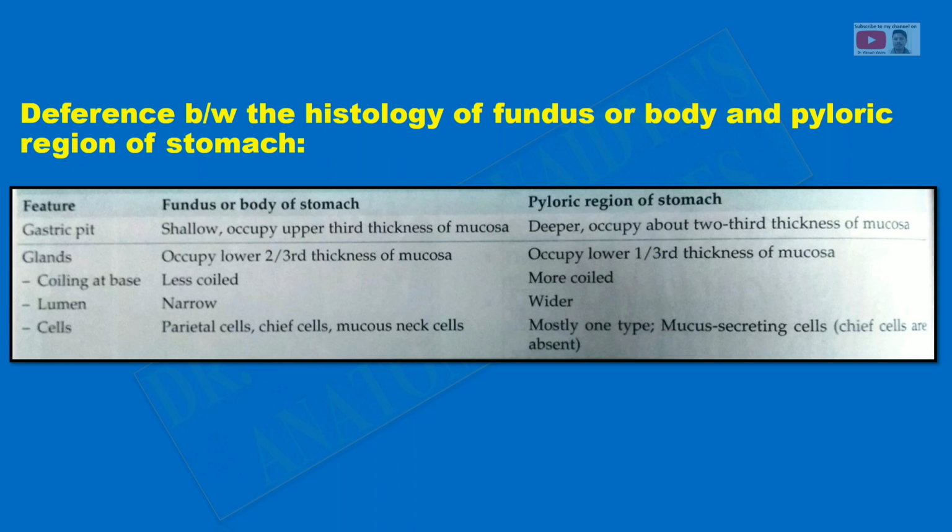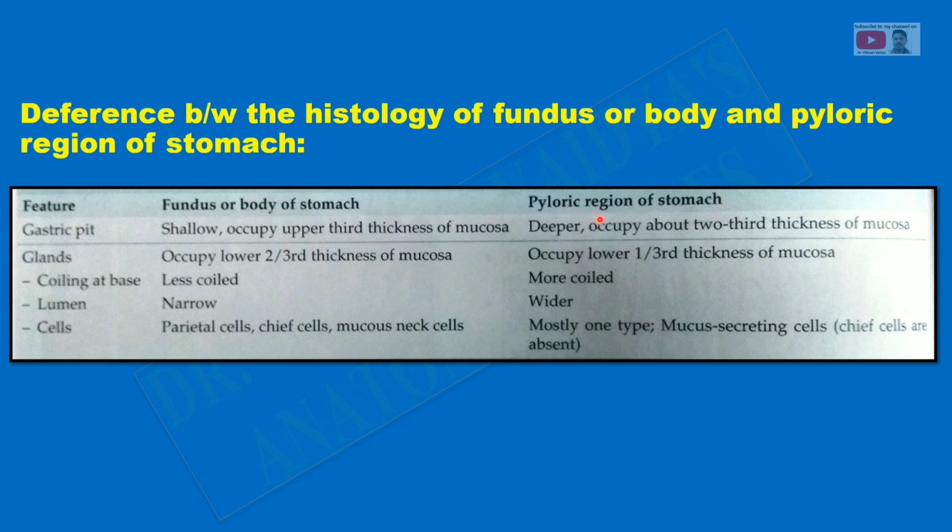Now in this slide we're going to discuss the difference between the histology of the fundus or body and the pyloric region of the stomach. Here we have the features of the fundus region, and this is the feature of the pyloric region. If we're talking about the gastric pit, in the fundus or body of the stomach the gastric pits are shallow, occupying the upper third of the thickness of the mucosa.